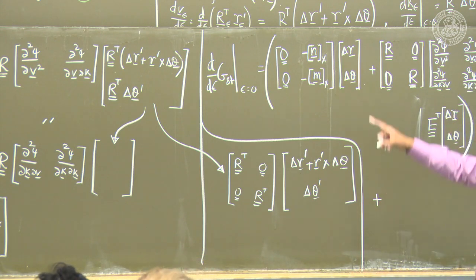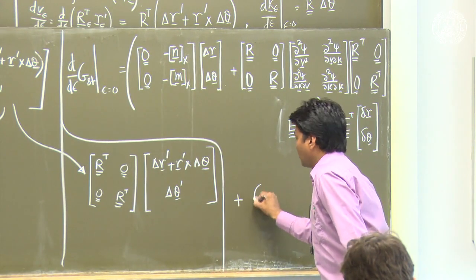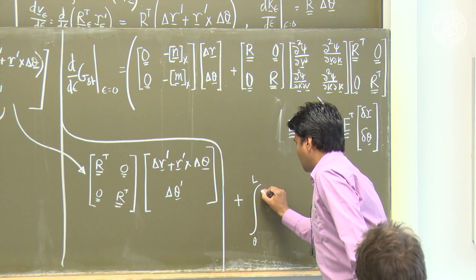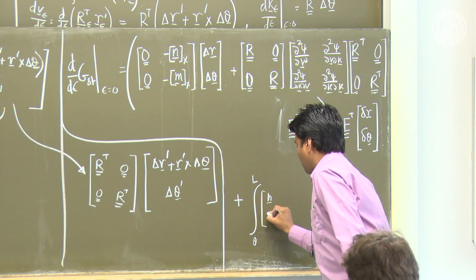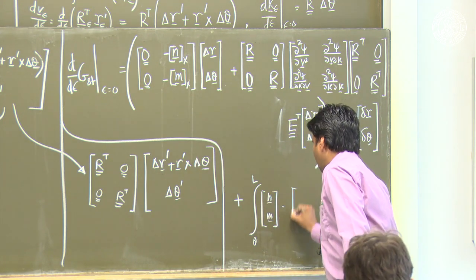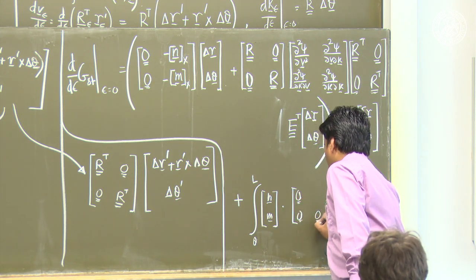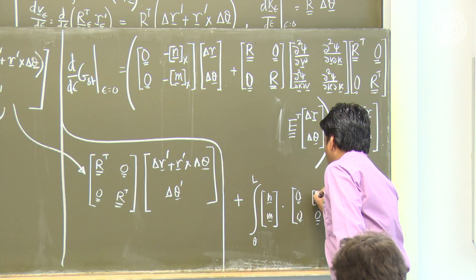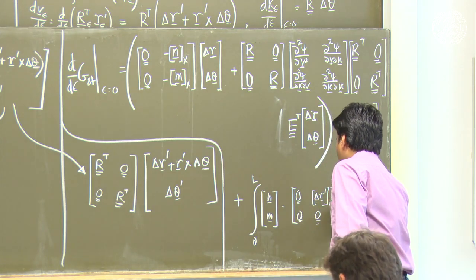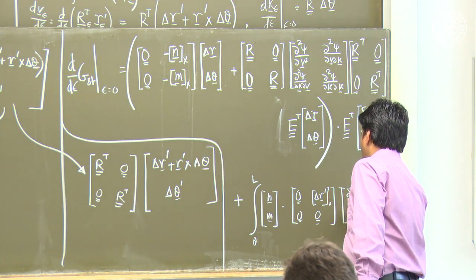Plus, for the last term over there, maybe I'll just write here, dot with that number which is 0, 0, 0, delta little r prime cross del r del theta.